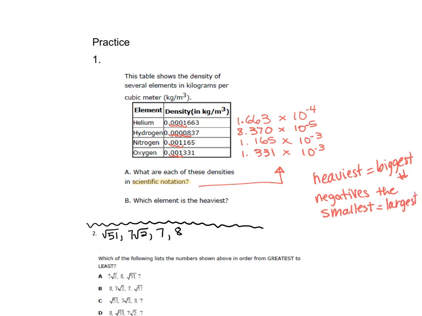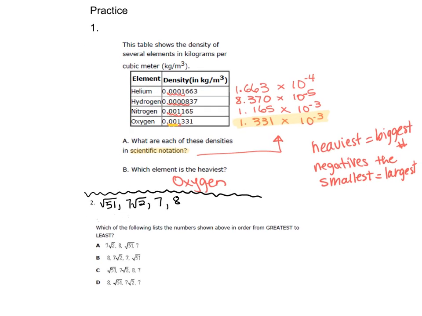Remember, as we get bigger negatives, they're getting further away from 0, which makes them smaller. So what is the smallest number? And that would be oxygen. And as you can see over here, it has the least number of zeros right here, which makes it a bigger number. So the answer here is oxygen. It's kind of a tricky question.